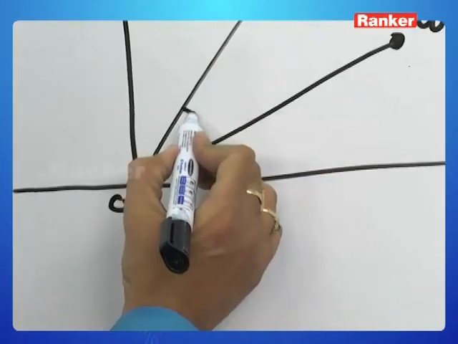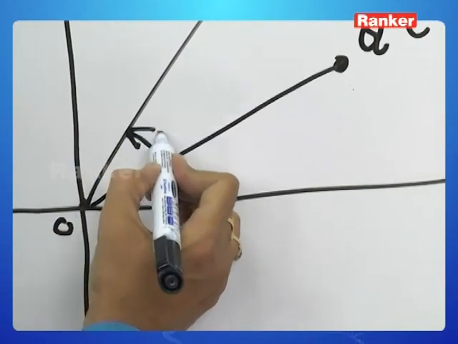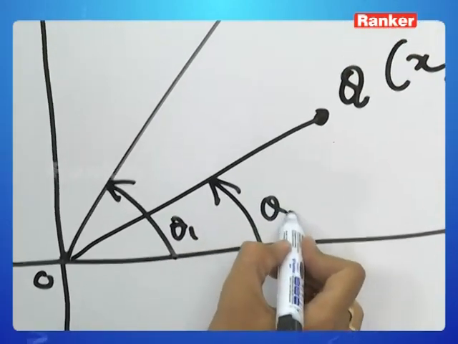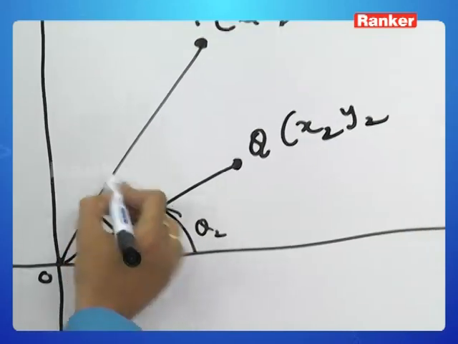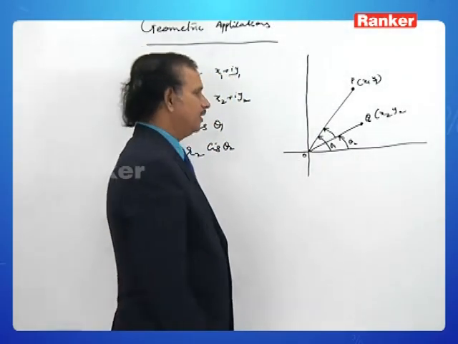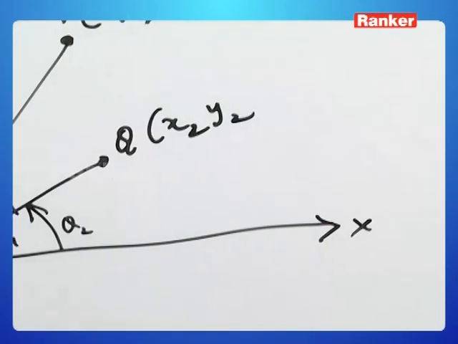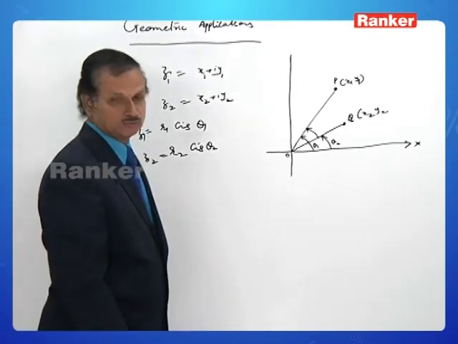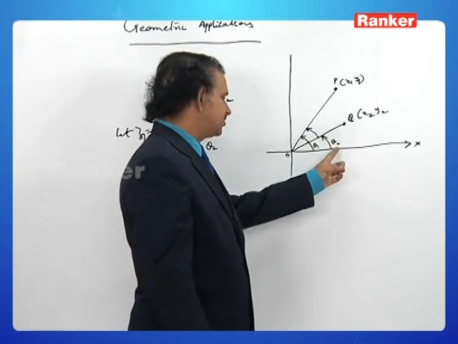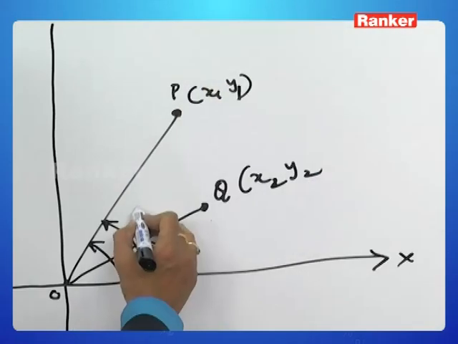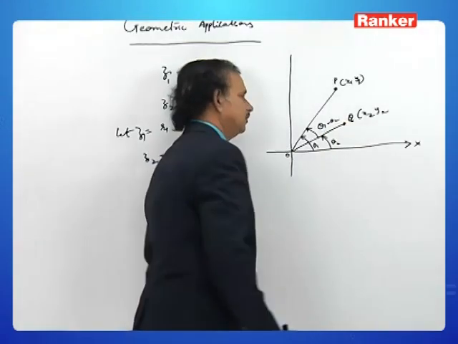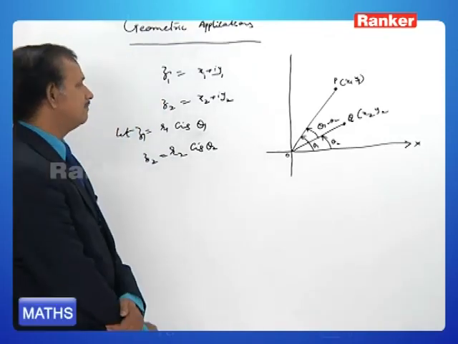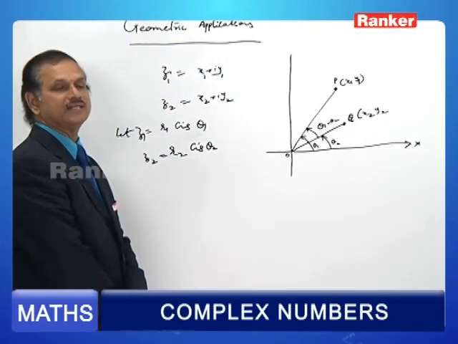Now this angle is theta 1, this angle is theta 2. What do you say about this angle? Imagining this to be the x-axis, from our supposition amplitude of z1 is theta 1 and amplitude of z2 is theta 2. Therefore this is the angle theta 1 and this is the angle theta 2. This is automatically theta 1 minus theta 2. What is theta 1 minus theta 2?